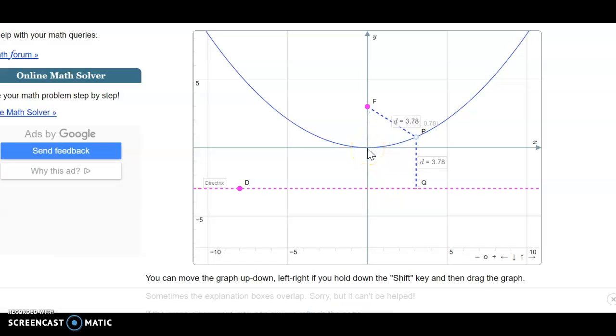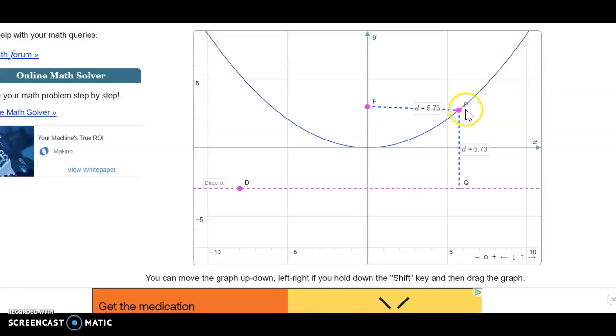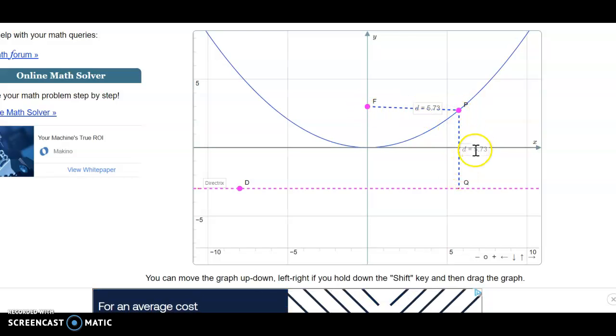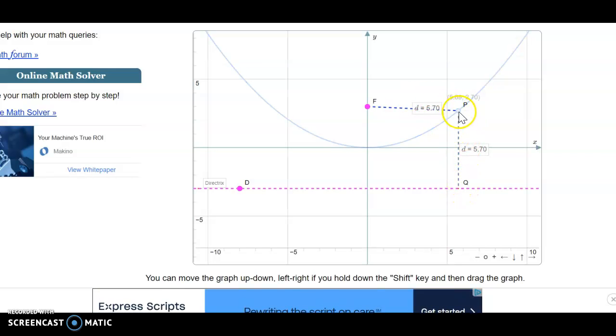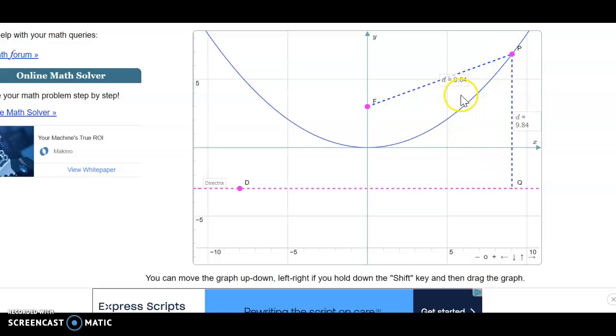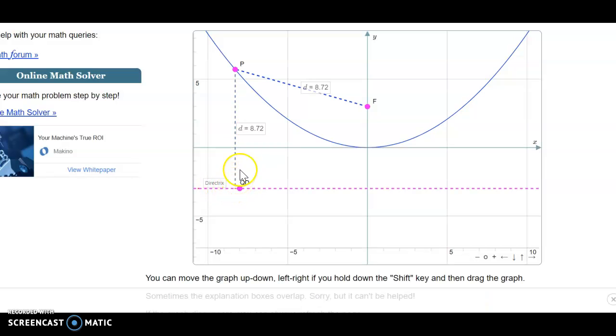Look at that, this distance PF is the same as this distance from P to the line, the directrix.